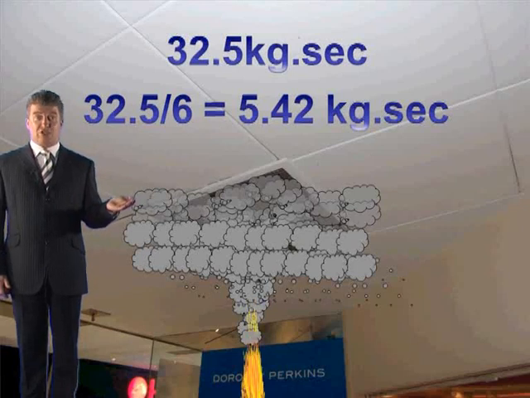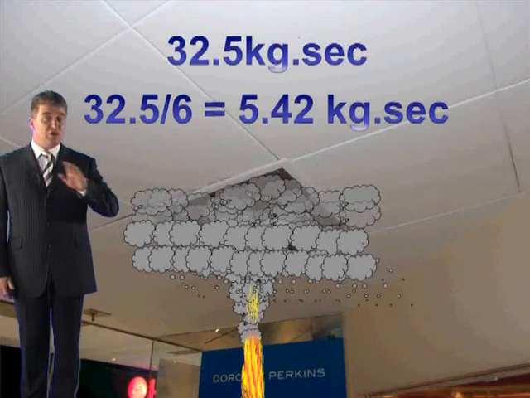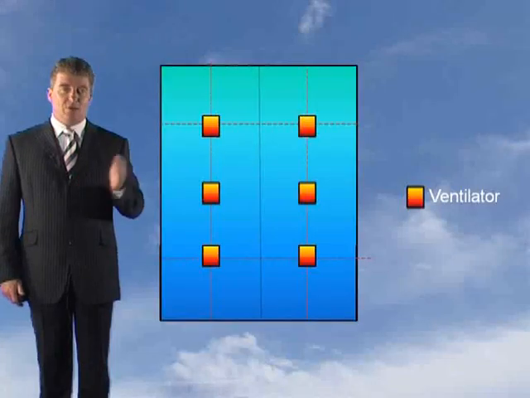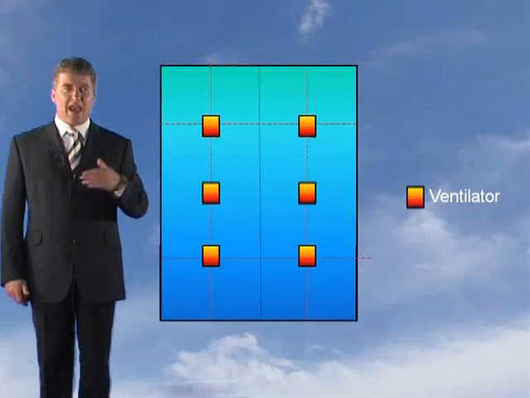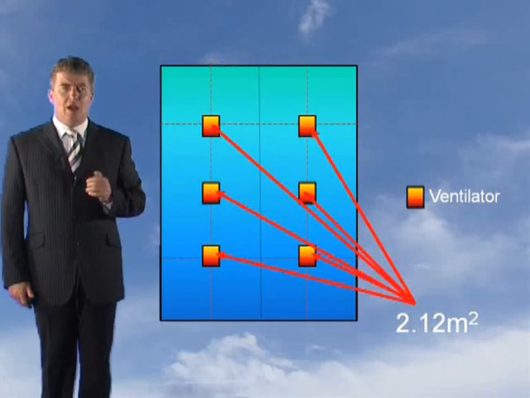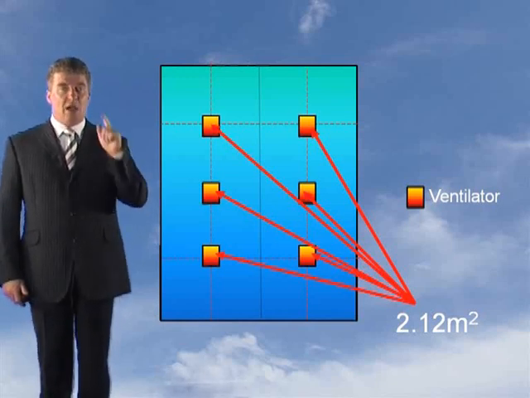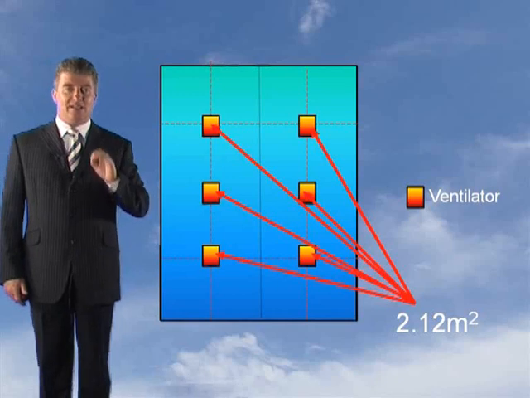Well, 5.42 is much less than the critical exhaust rate, so we are confident that plug holing will not occur in this situation. So 6 vents, each with an aerodynamic area of 2.1 or a geometric area of 3.5, located as shown on here, will be satisfactory in this case. That's the final answer to this, and that covers step 9.